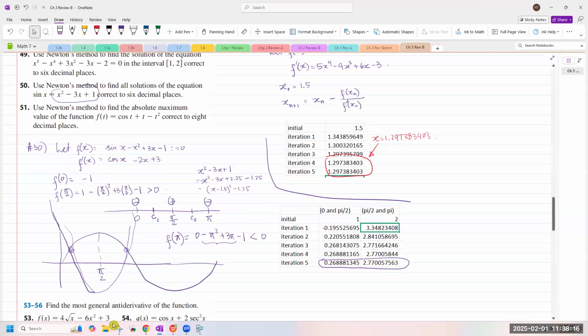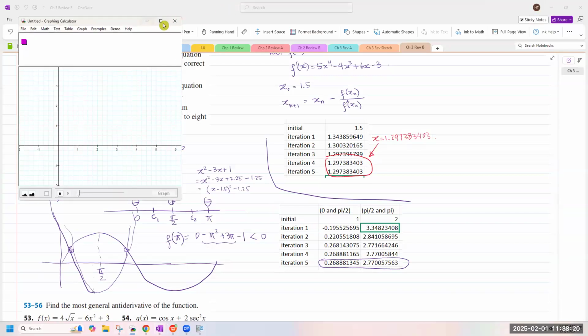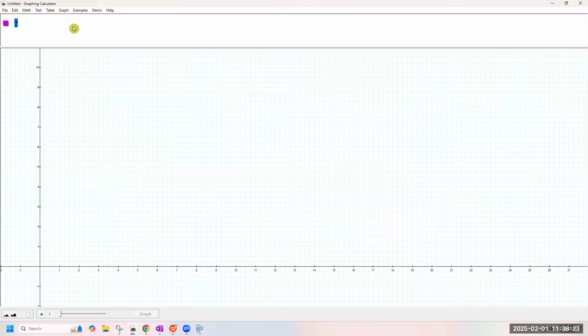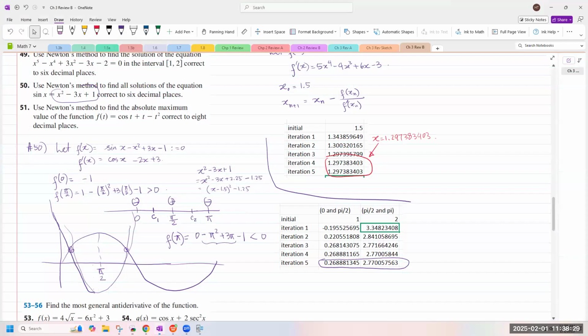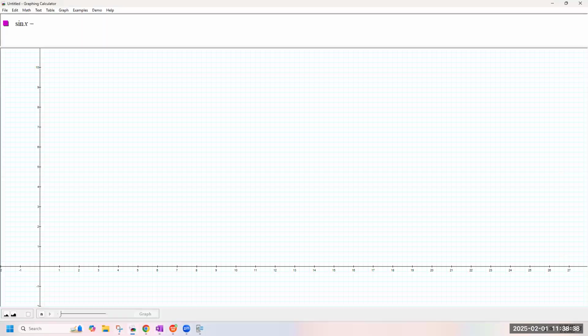You know what? Let's try to sketch the graph. So I have the graph of sine x minus, what's the function again? I forgot. Minus x squared plus 3x minus 1. Is that the function that we're looking at?